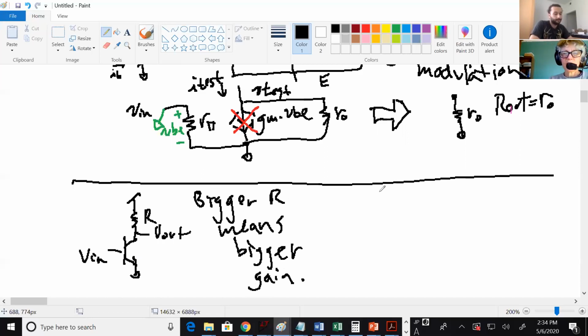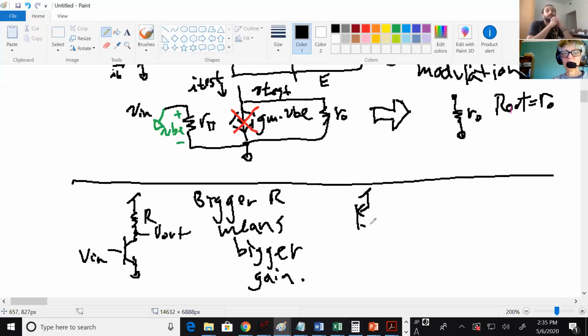Then we made R bigger and bigger, and got to a point where we could hardly have any current going through there. If you made R really big, like a mega ohm, then even at a single milliamp you've got 1,000 volts across that resistor, and that can't happen. So there's a limit to how big you can make that R.